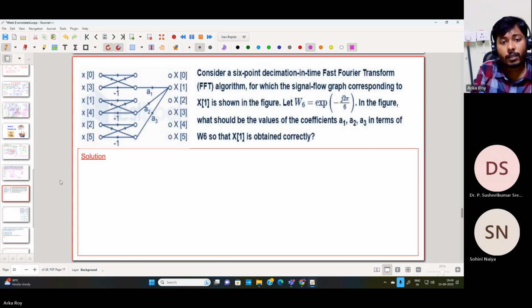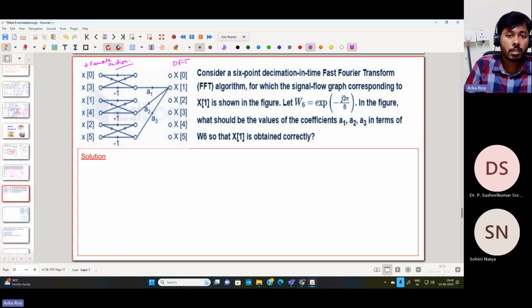Okay. Another question: we have been given this DFT section and this input sample section, and this particular structure where the multiplication and addition connections are already defined. We need to find X[1], where W6 is e to the power -j2π/6.